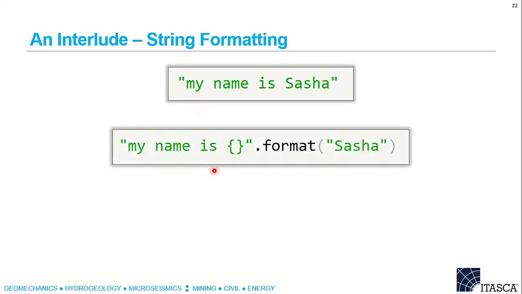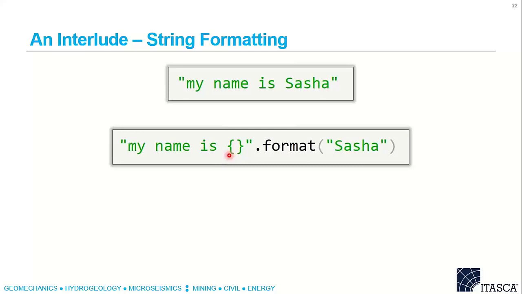How this is done is using the curly bracket notation and the format command. What this function does is it inputs the variable that you pass in as a parameter into the curly brackets within the string. One thing to note is that you can do this for as many curly brackets and variables within a string as you want.